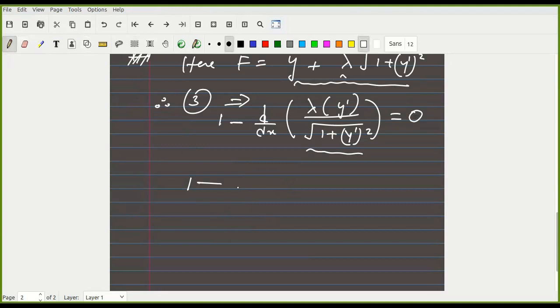Now this d by dx is what I'm going to write out here. So I'll take lambda totally outside.